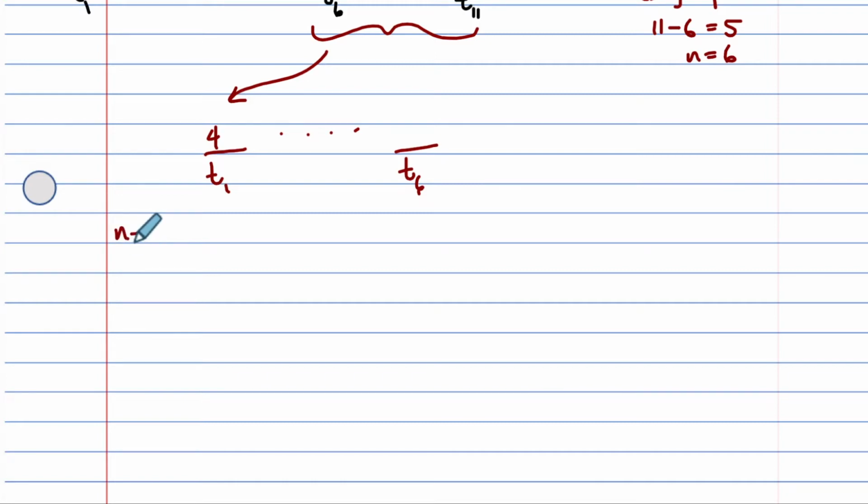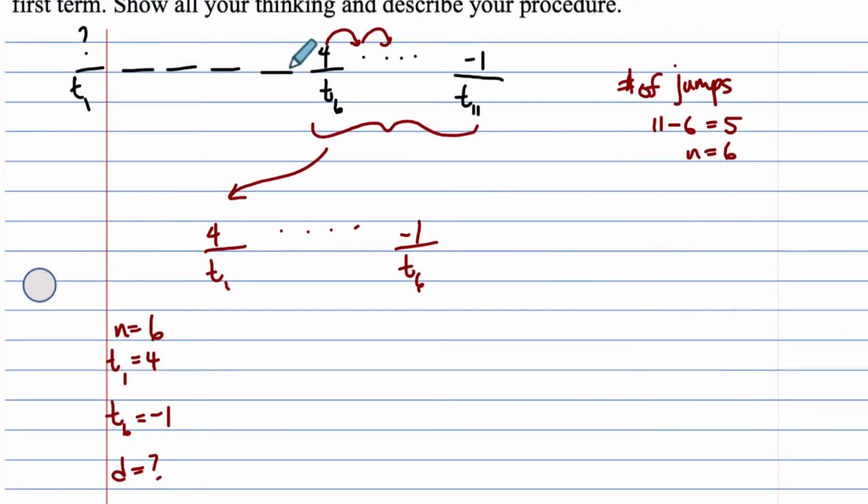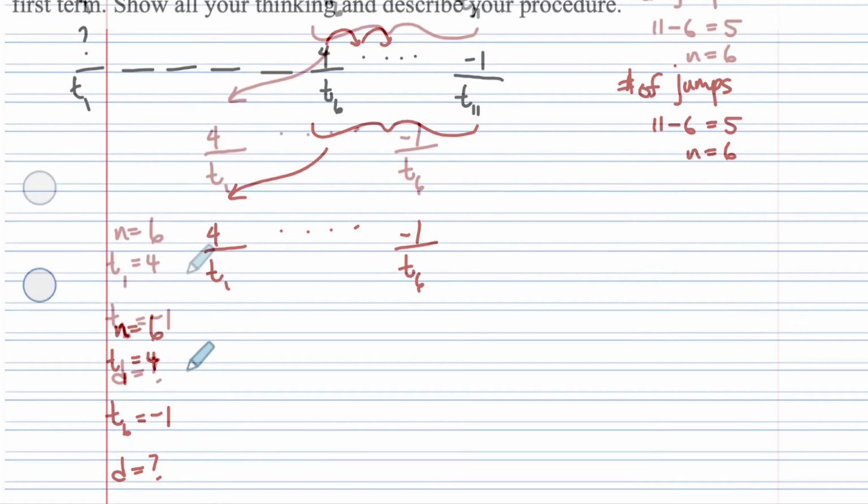And do we have enough information? Let's see. T of 1 is 4. And yep, they told us that last term there. And now we can get D. And that's very helpful because D is the same over here for this part of the sequence. So we'll zoom out after that.